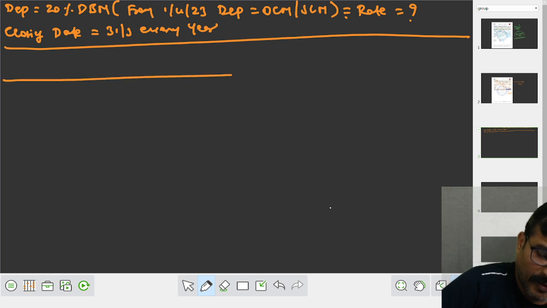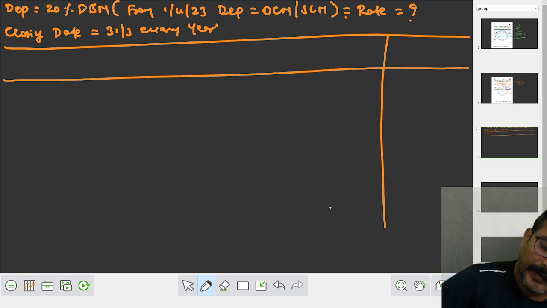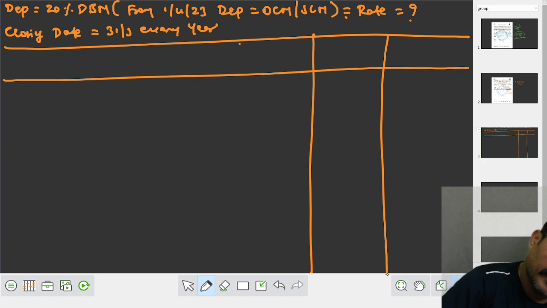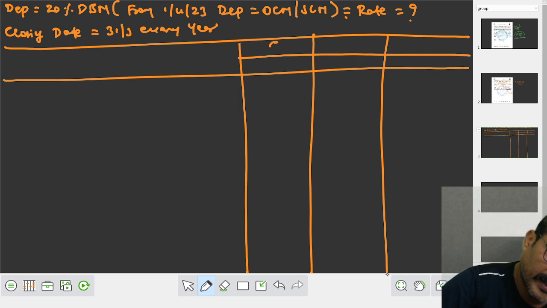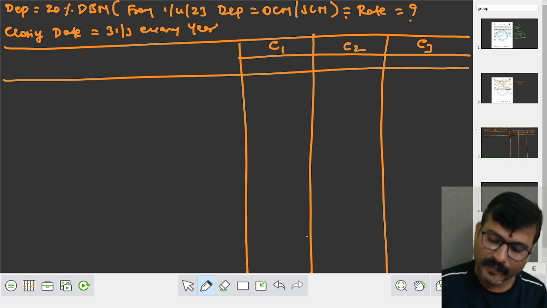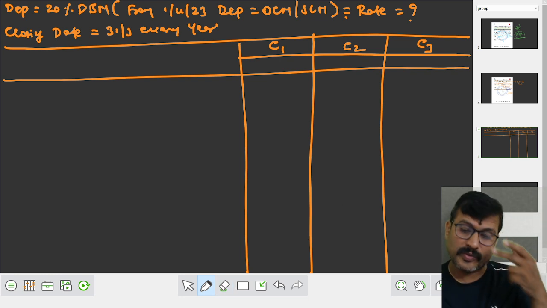Let us prepare a format. How many computers do we have in the problem? We have 3 computers. What are they? C1, C2 and C3. Read carefully, my dear student. What happened?